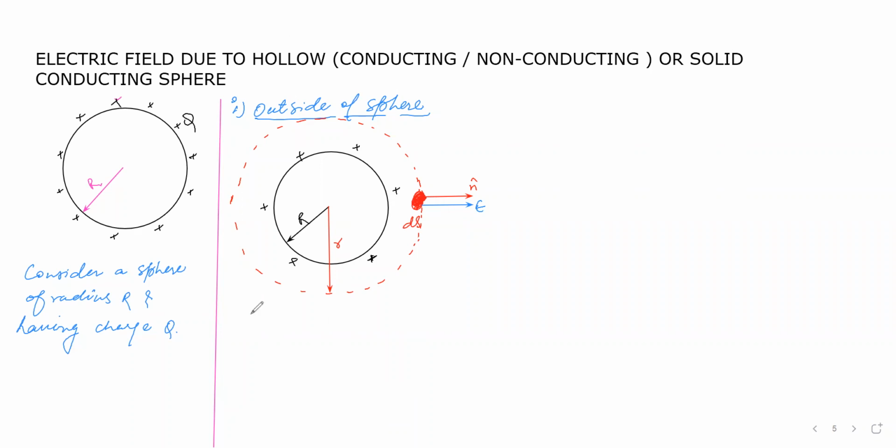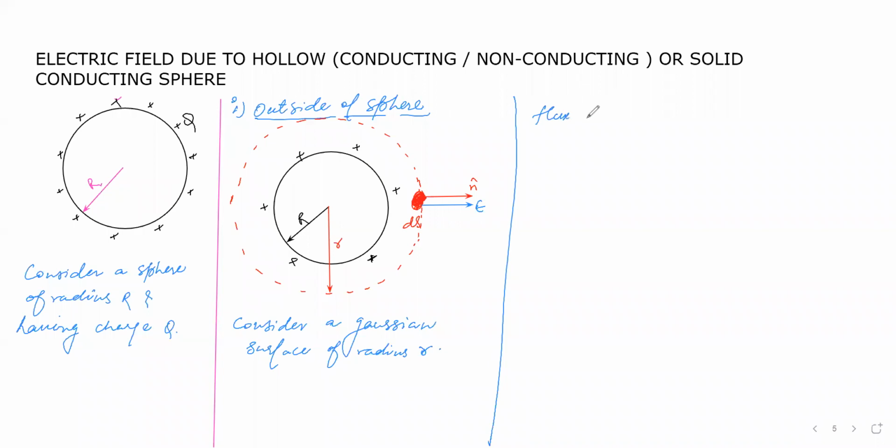Now we can write here: consider a Gaussian surface of radius r. First of all, we are going to calculate the flux, then we will calculate the field.